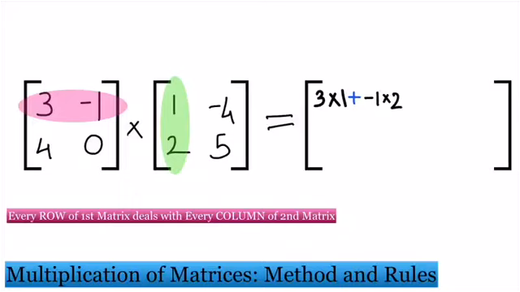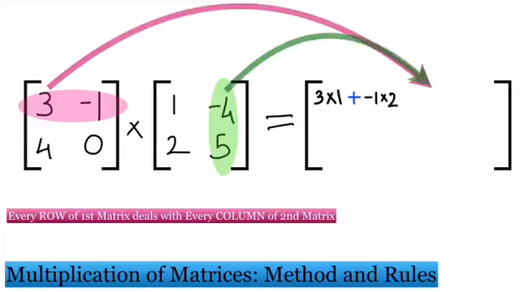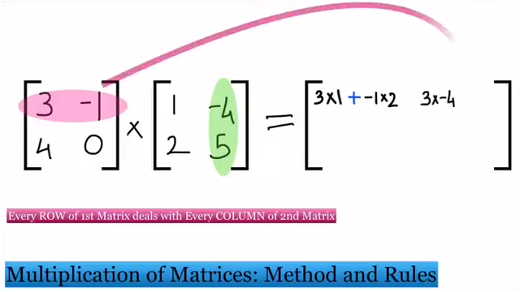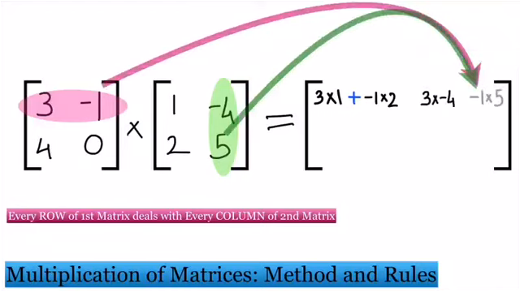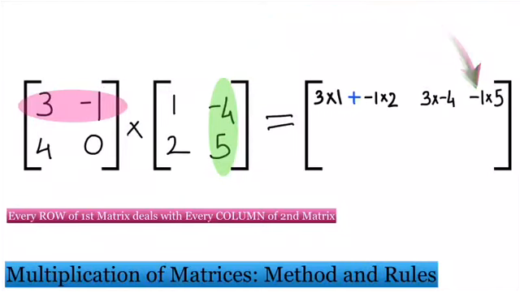Now the first column is done, we move to the second column and again they are multiplied in a similar way. First element multiplies with first element, second element multiplies with second element, and then both the products are added.